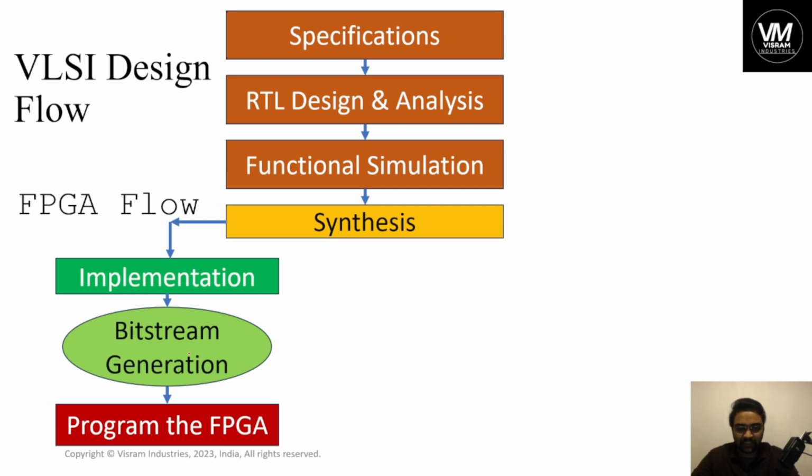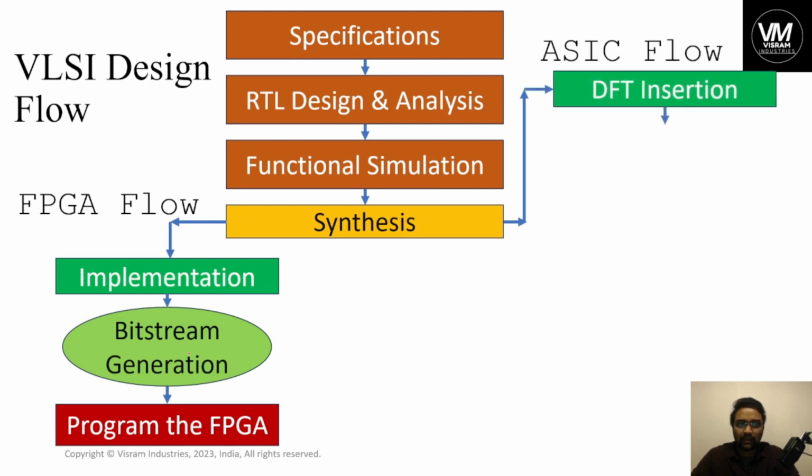Now come back to the ASIC design flow. What we are going to discuss is, after synthesis, we'll go to the ASIC flow, and in the ASIC flow we can see two major steps: DFT insertion, and DV and STA. These are the major roles.